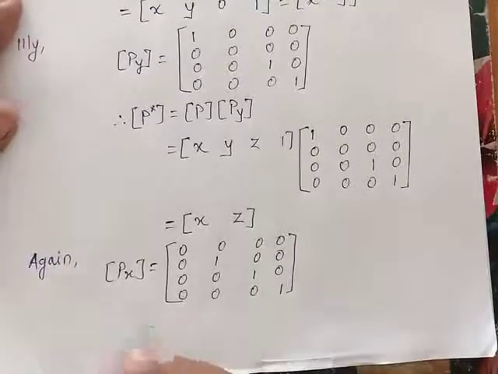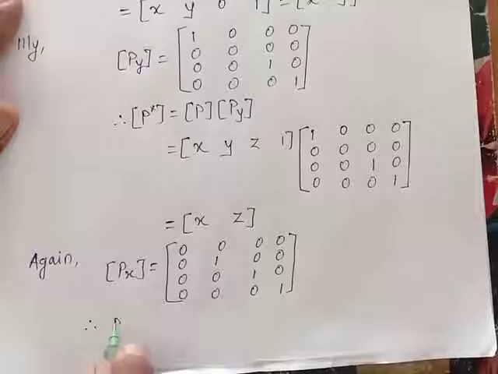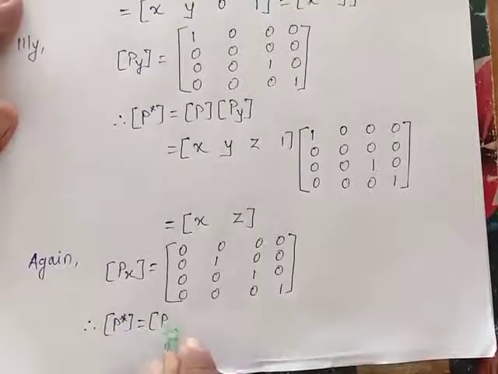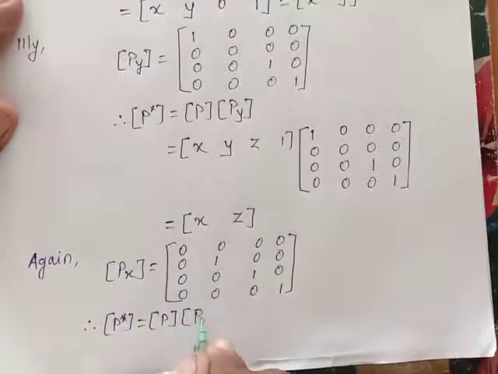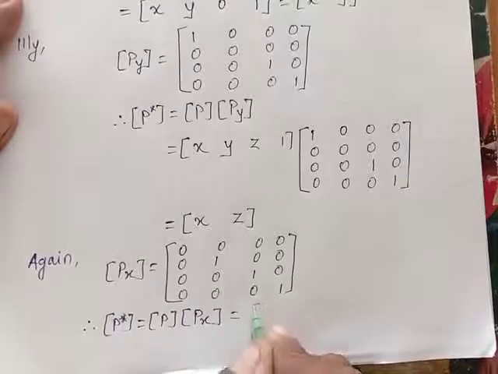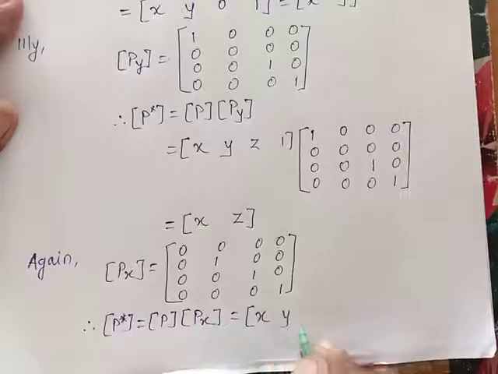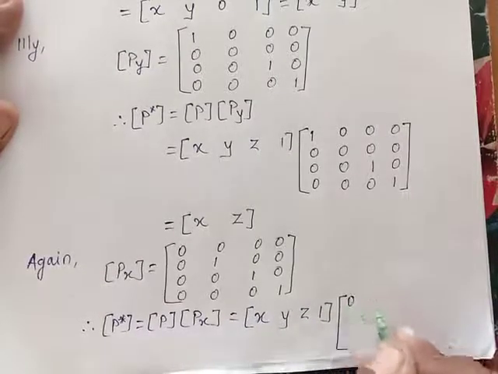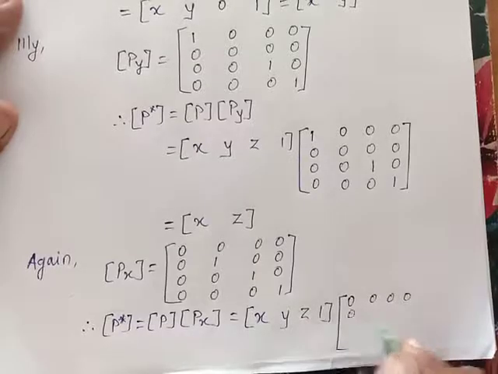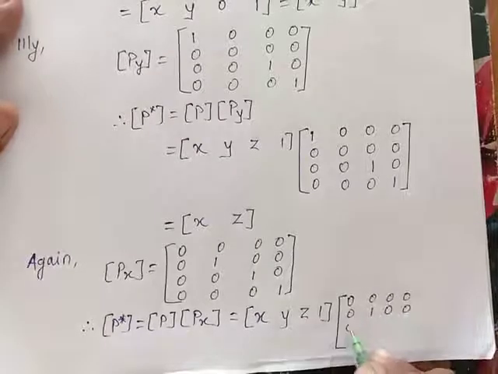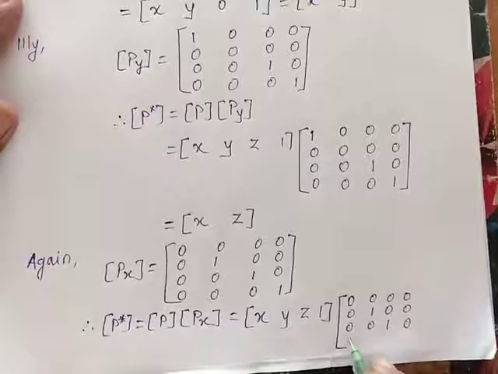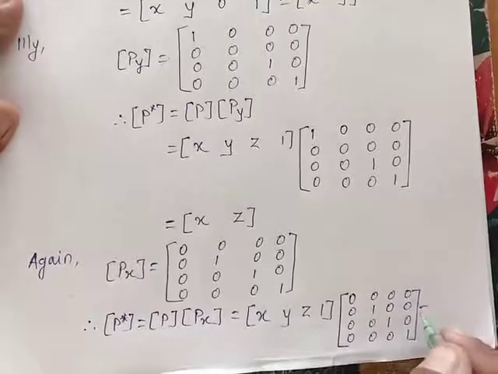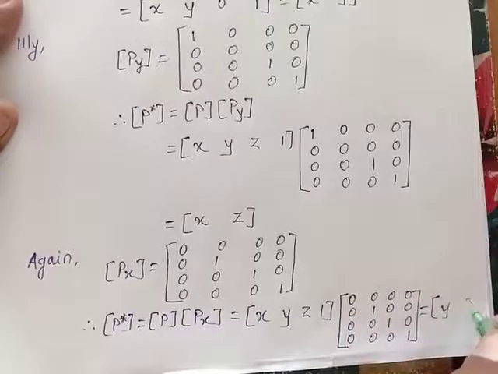Applying this, P star is P into Px, that is x, y, z, 1 into Px. This will give us a point in the yz plane.